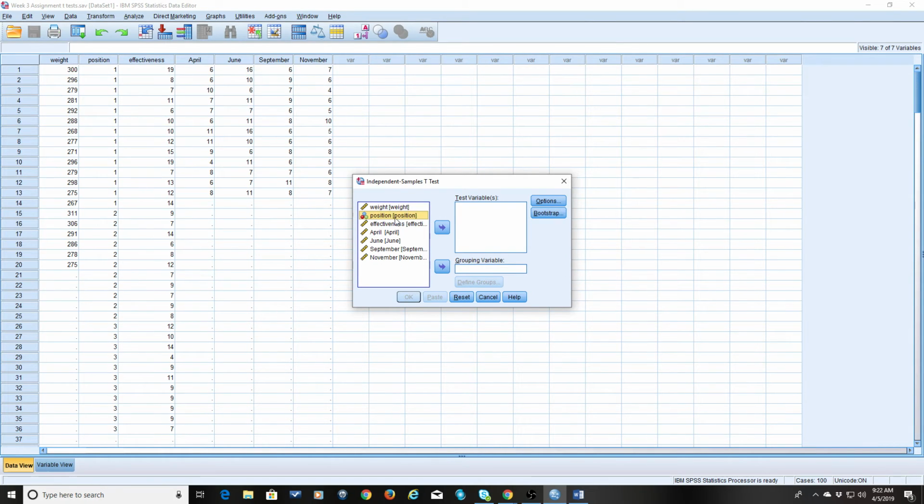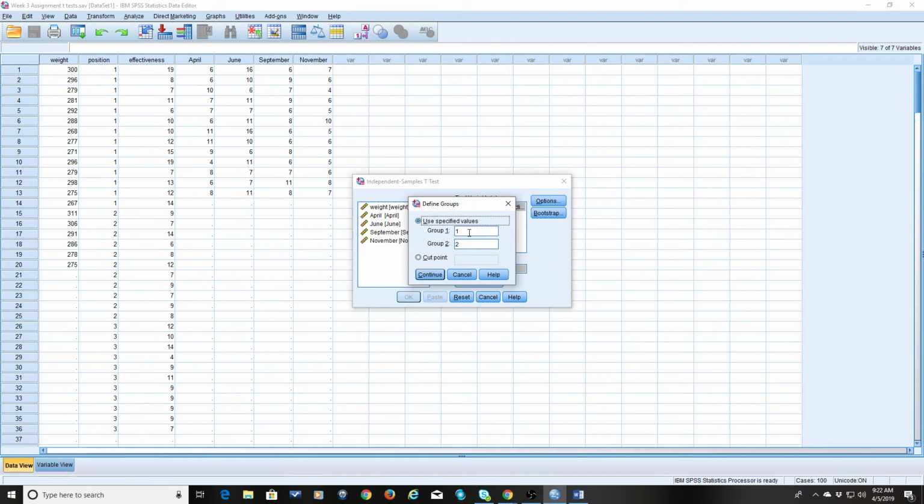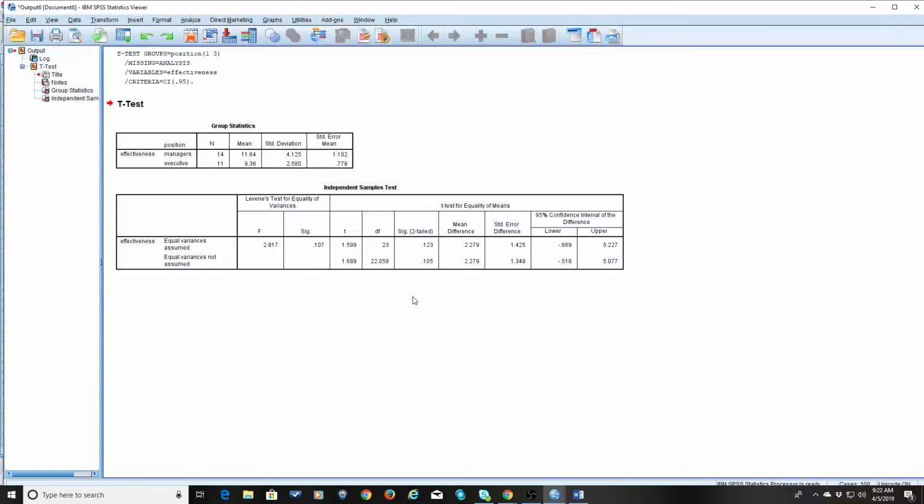So again, we're putting effectiveness up here as test variable. Grouping variable, we're putting positions. Now it's going to ask you, well, what two groups do you want me to compare? Well, the number one group is going to still be managers, which is 1. And then you want me to compare it to the next group, and this time it's going to be executives, and those are 3. Hit continue, hit OK.